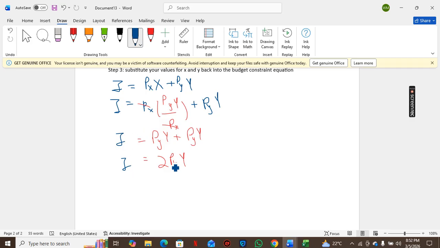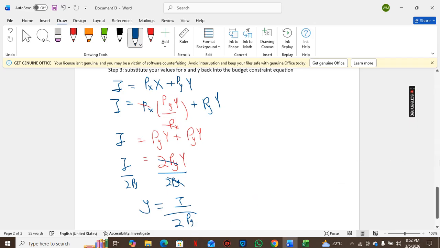Now you want to make y the subject of the formula, so you divide both sides by 2 PY and say y equals I over 2 PY.